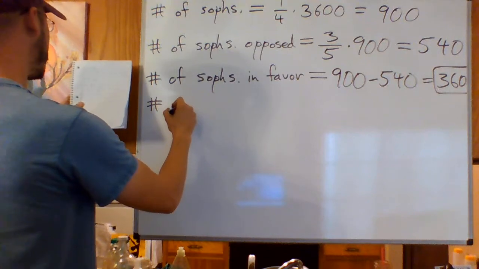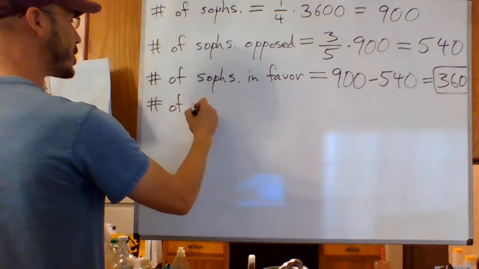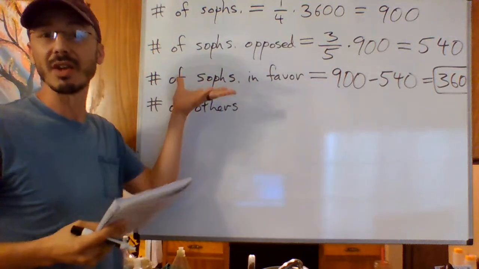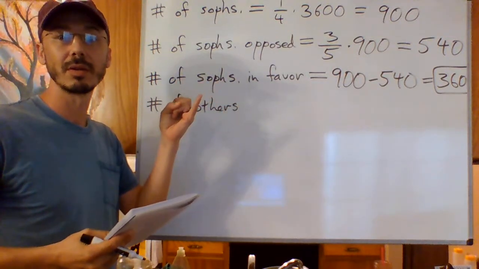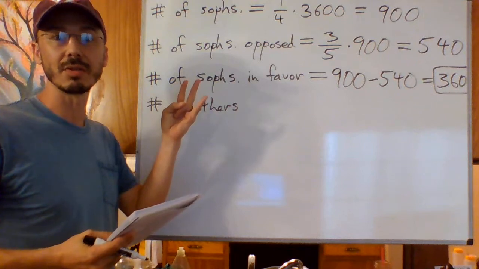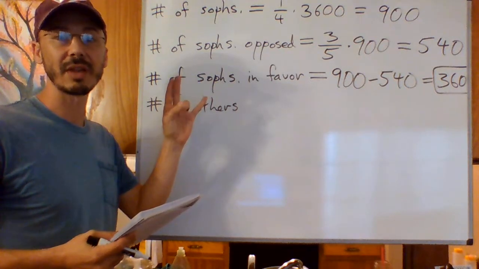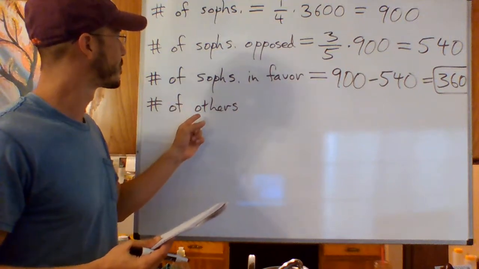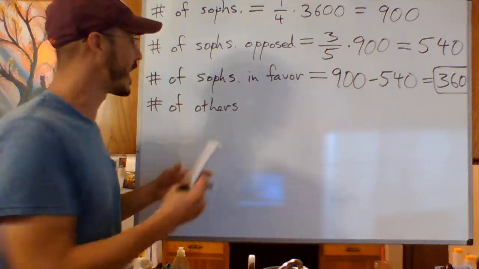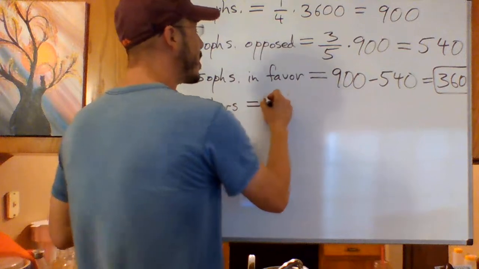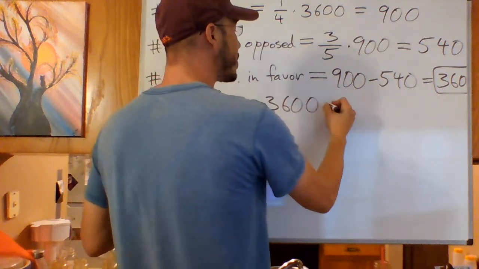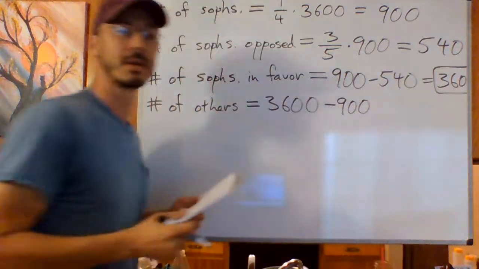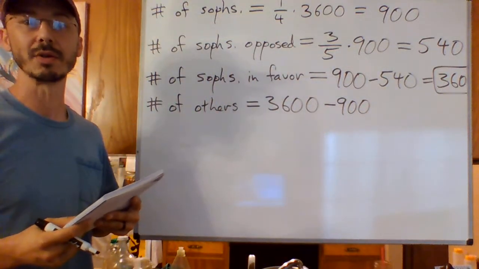Next, I'm going to say number of others, by which I mean not sophomores, so freshmen, juniors, and seniors. So not the sophomores, but just the juniors and seniors and freshmen. That's 3,600 minus the 900 sophomores.